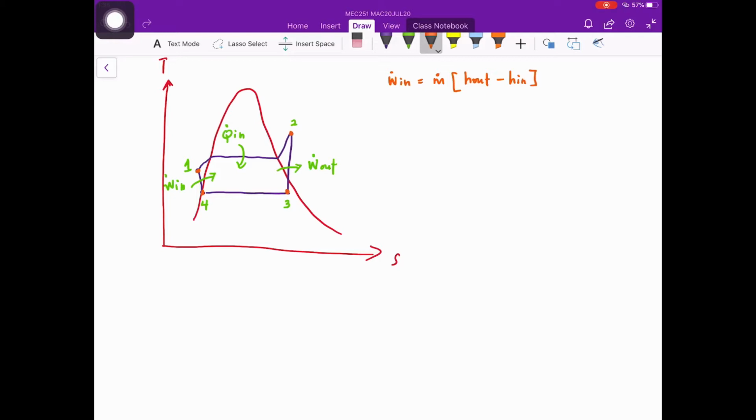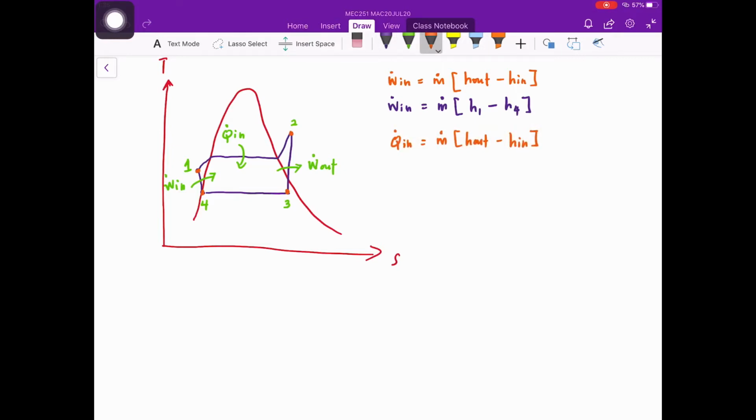From the steady flow energy equation, we can find the power in to our system by this expression. And for our case, referring to the TS diagram right now, power in will be equal to the mass flow rate times the enthalpy of the pump outlet, which is h1, minus the enthalpy for the pump inlet, which is enthalpy at state 4.